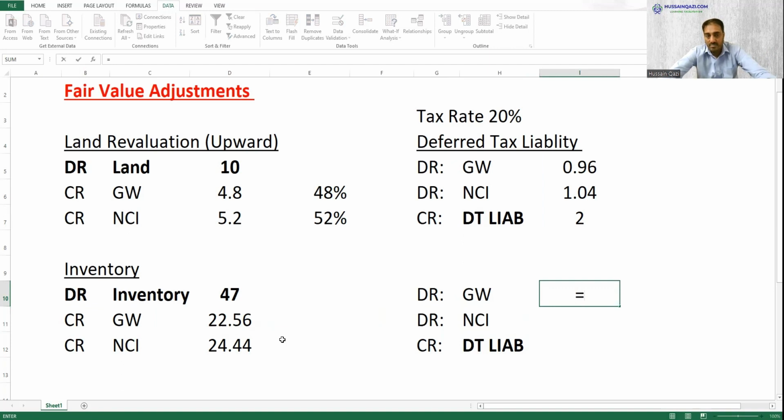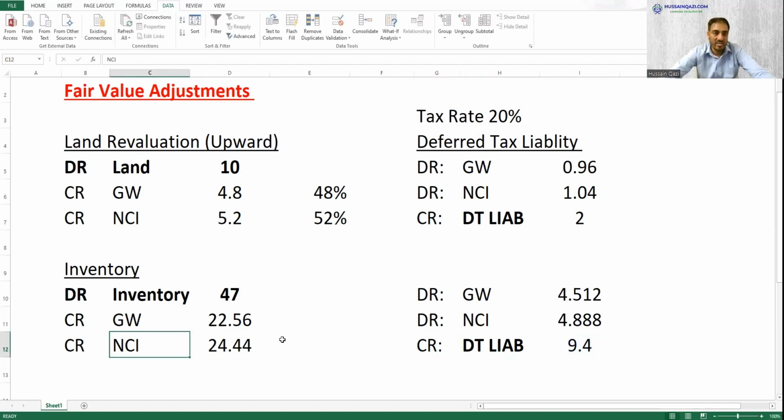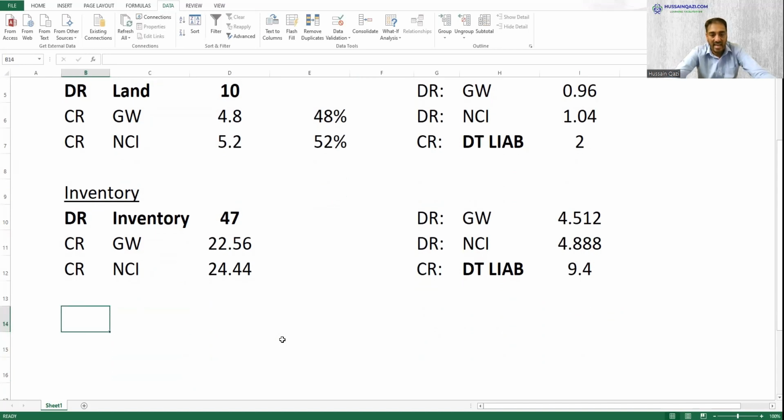Once again, at the time of acquisition, deferred tax liability is 47 into 20%, 9.4, multiplied by 48% and 52%. That's inventory, and the same case applies to the database. These things you must bear in mind, and you have to explain this.